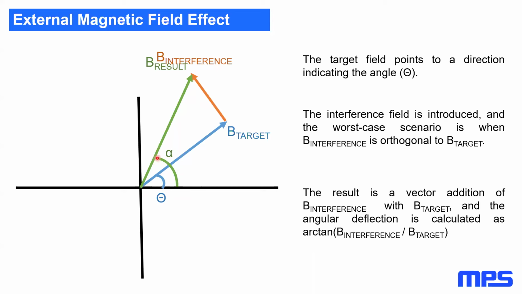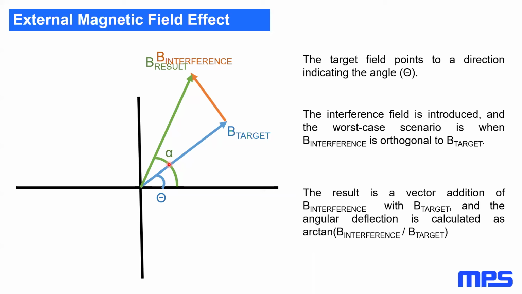And so alpha minus theta, this part right here, is the actual error. And that can be a tricky situation when you're dealing with things where you really care about that angle, and that angle can cause a safety issue if there's an external field.